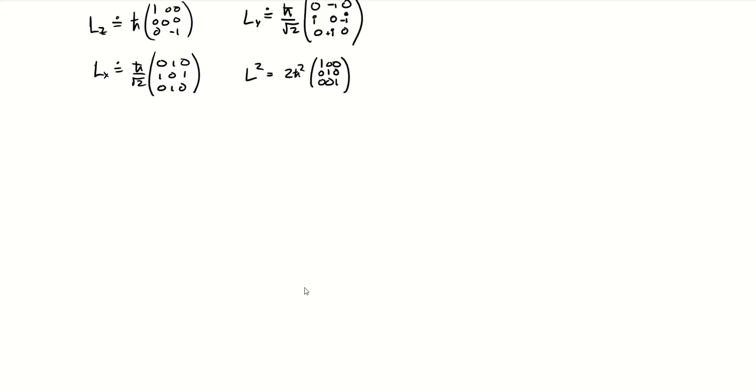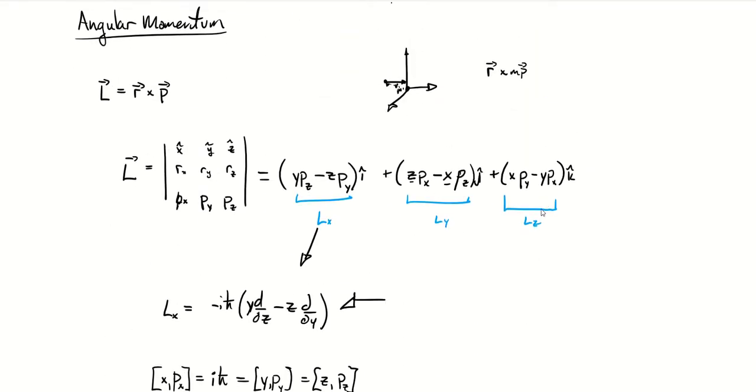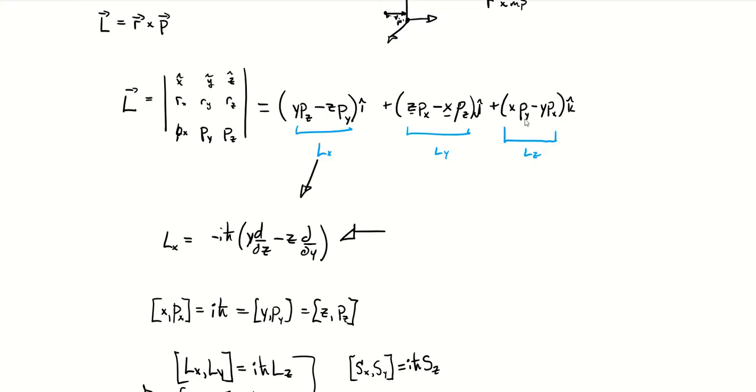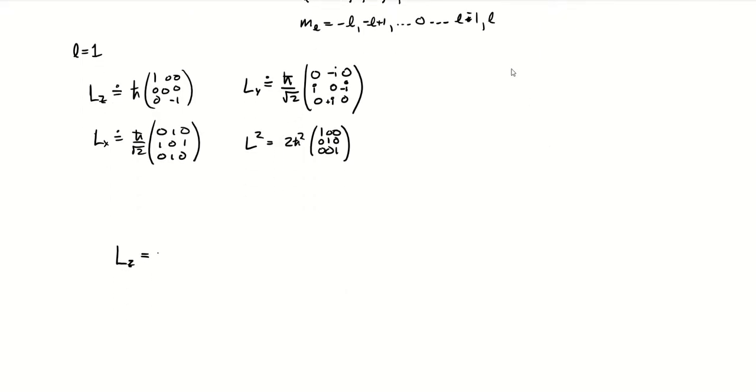So what is that? Well, we saw above that we derived our components of this angular momentum classically, and we saw that L_z was just x times the y component of the momentum, minus y times the x component of the momentum. So it was x partial y minus y partial x, right?